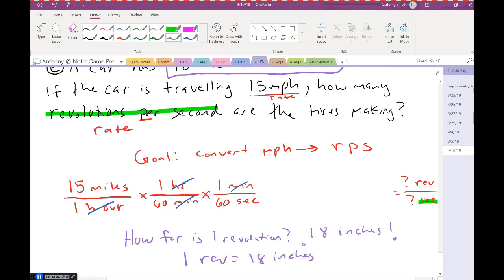That's the second conversion factor I want to use. However, my distance measurement is in miles and not inches. So before I can use that conversion factor, I need to convert miles into inches. Now, I don't know how many inches are in a mile straight away, but I do know how many feet are in a mile. 5,280?